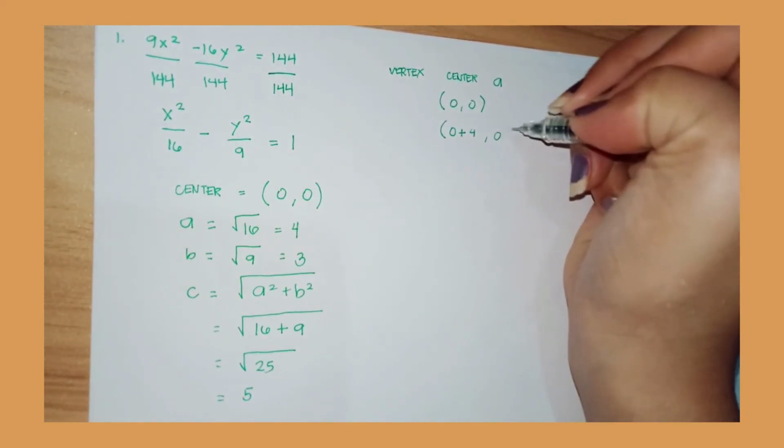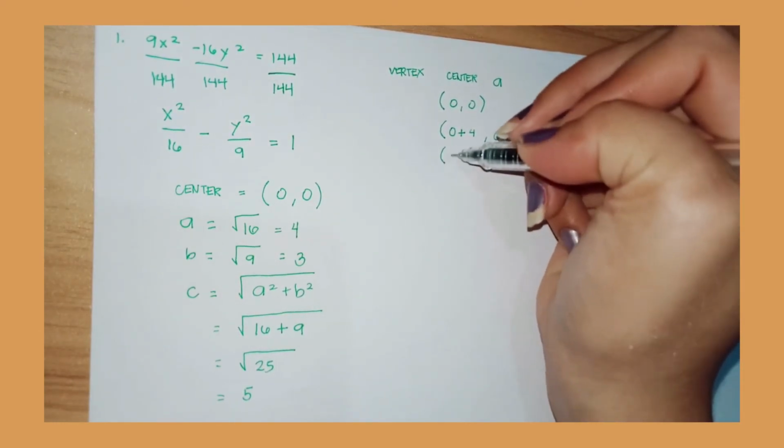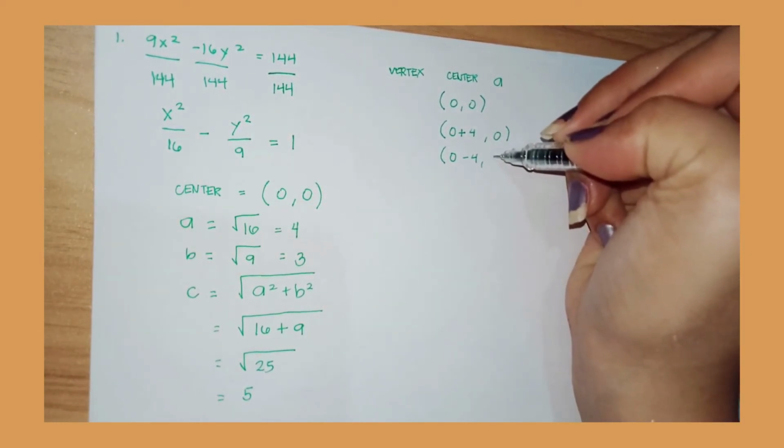Then copy 0. Then we also subtract: 0 minus 4, then copy 0.